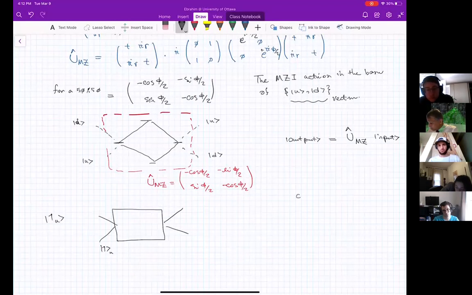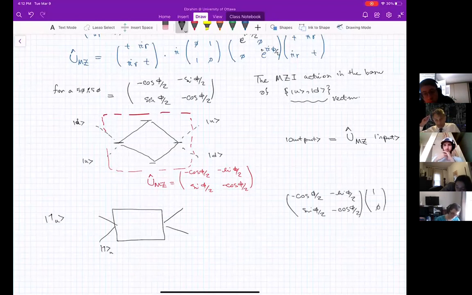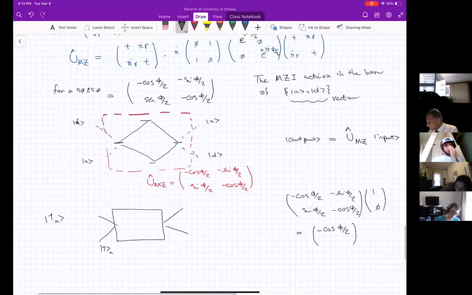It will be the matrix minus cosine of phi divided by 2, minus sine of phi divided by 2, sine of phi divided by 2, minus cosine of phi divided by 2, acting on 1, 0. This is the state that I have essentially. The outcome will be minus cosine of phi divided by 2, then sine of phi divided by 2.